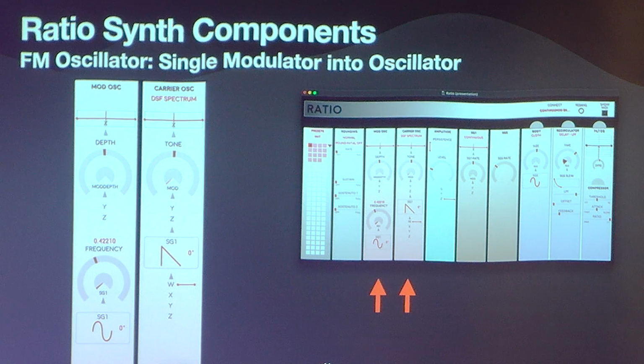Below that, you see a frequency, so that's the frequency of the modulation oscillator, and the frequency has a single control.